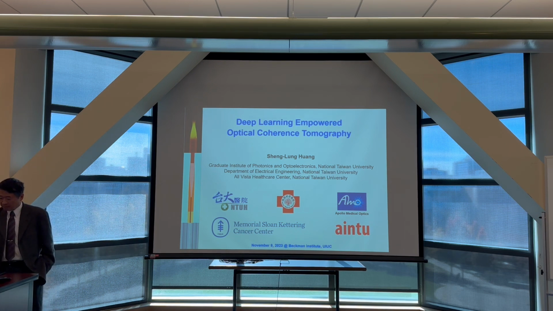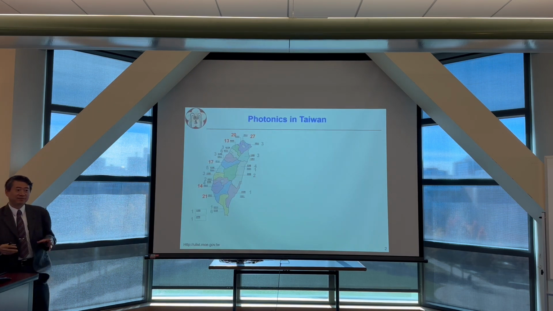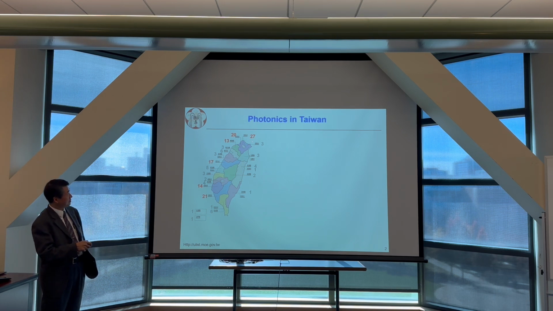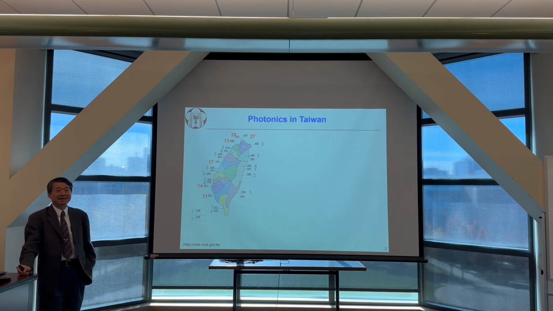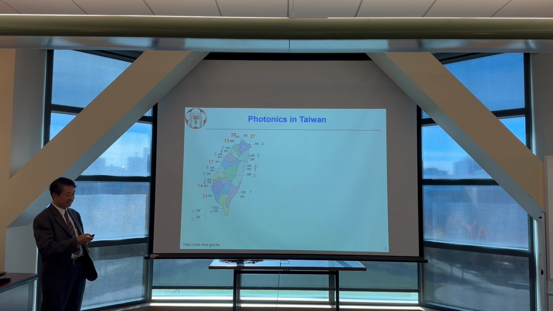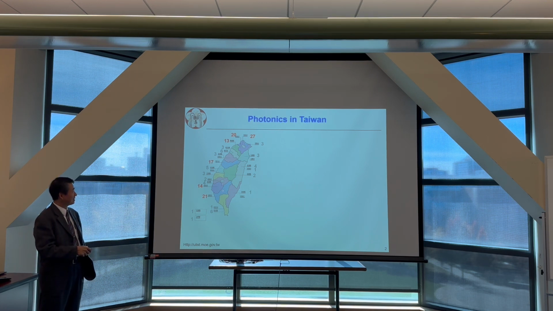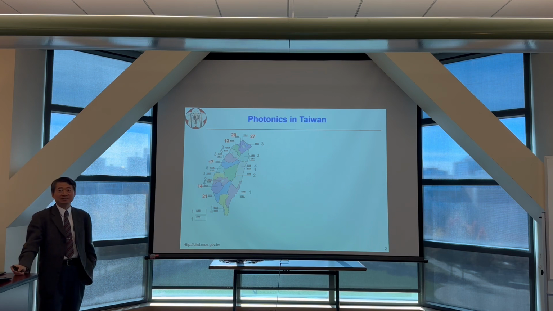For the audience who are not familiar with Taiwan, I will give a very brief introduction about photonics in Taiwan. This is the island, and the numbers here represent the number of universities in each of these cities. Overall, in Taiwan right now we have 160 universities.